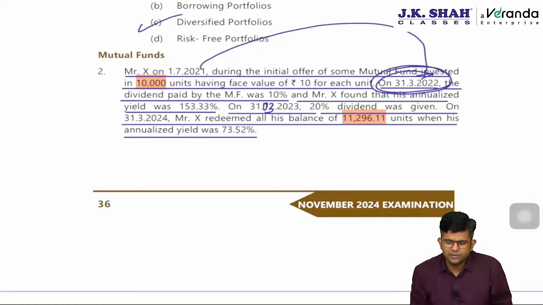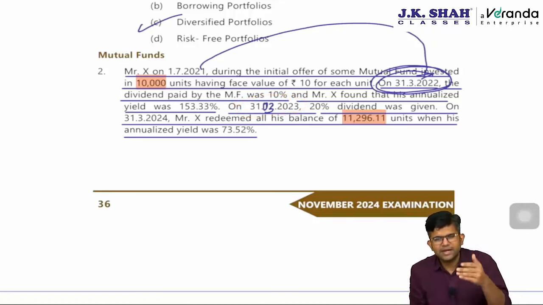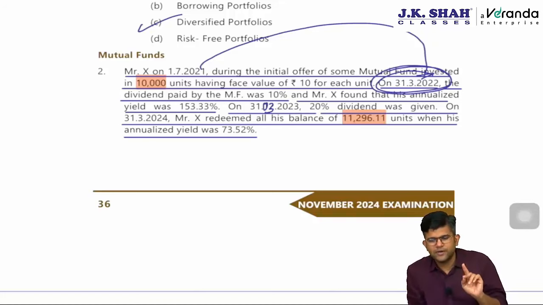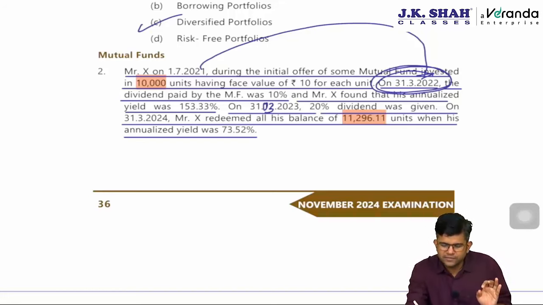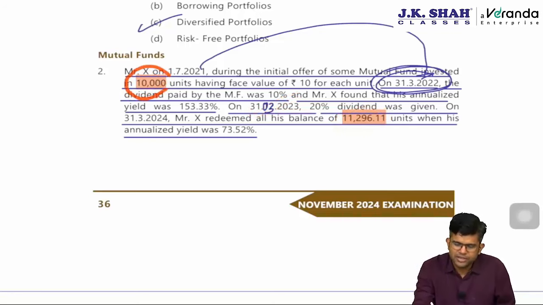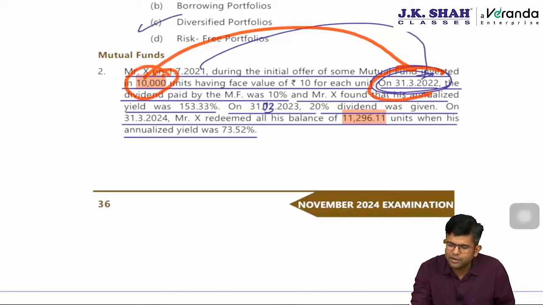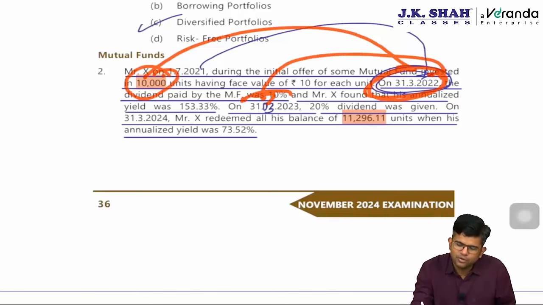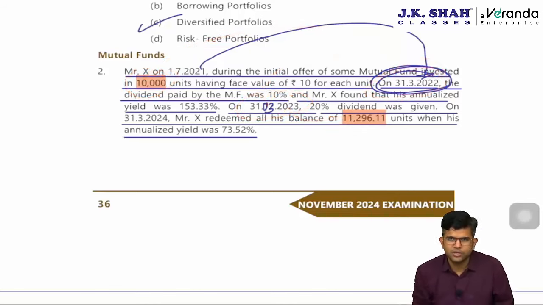Secondly, do you realize the additional units you might have received on 31/3/2023 when the second dividend was given? So if you see in this whole question, two dividends are announced. One is on 31/3/2022, one is on 31/3/2023. So please make yourself clear, it was on this very date that your 10,000 units jumped to a higher number, and from this date it went on to 11,296.